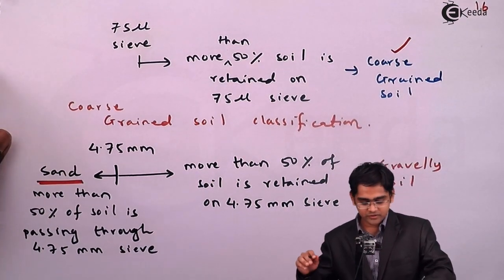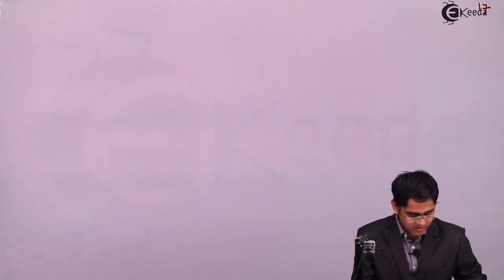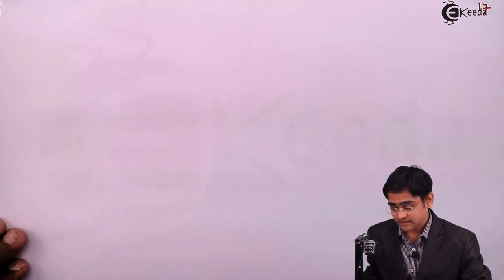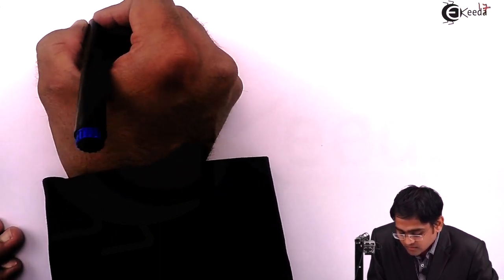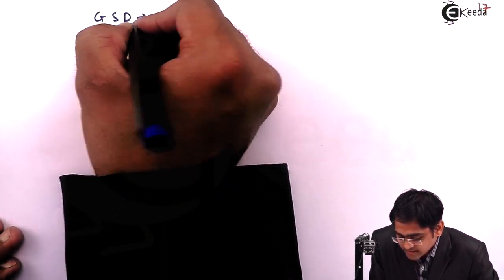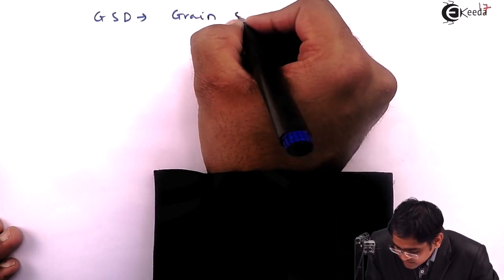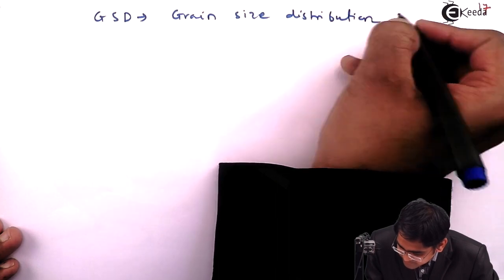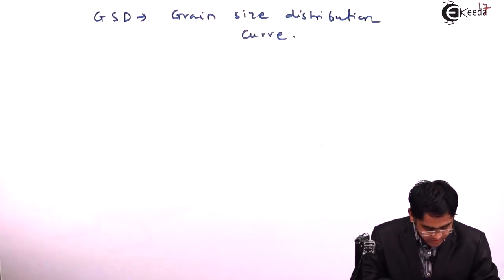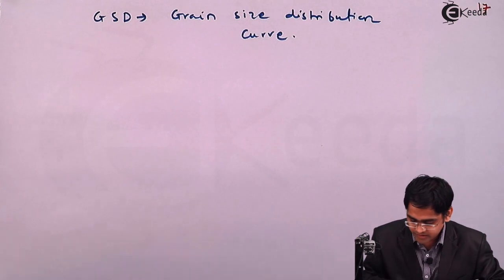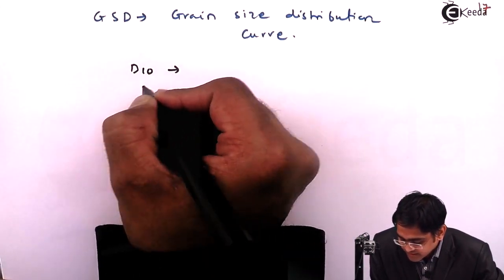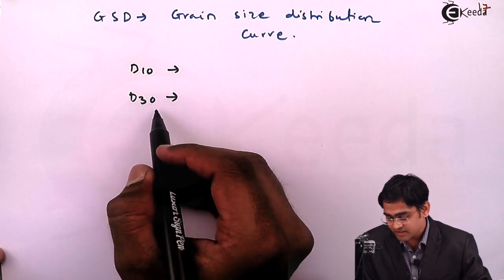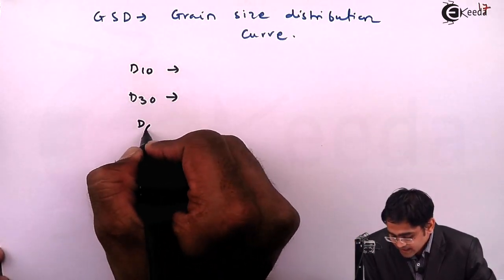For this coarse-grained soil classification, you will run the sieve analysis and plot a smooth curve, that is the grain size distribution curve. Based on this curve, you will evaluate three values: D10, that means the effective size of grain, D30, the particle size of which 30% are finer than that size, and D60.